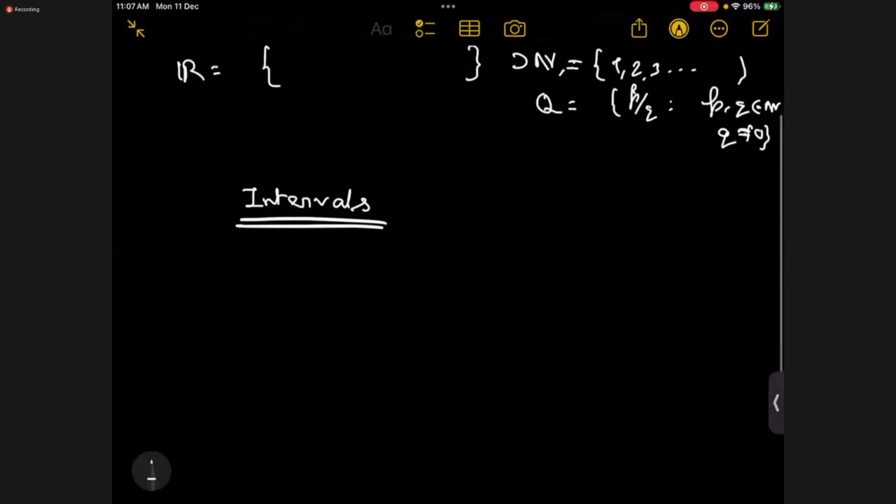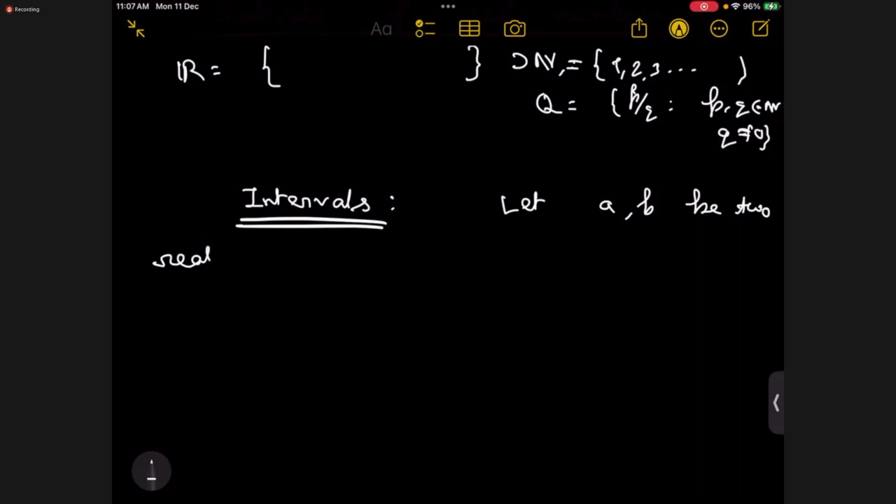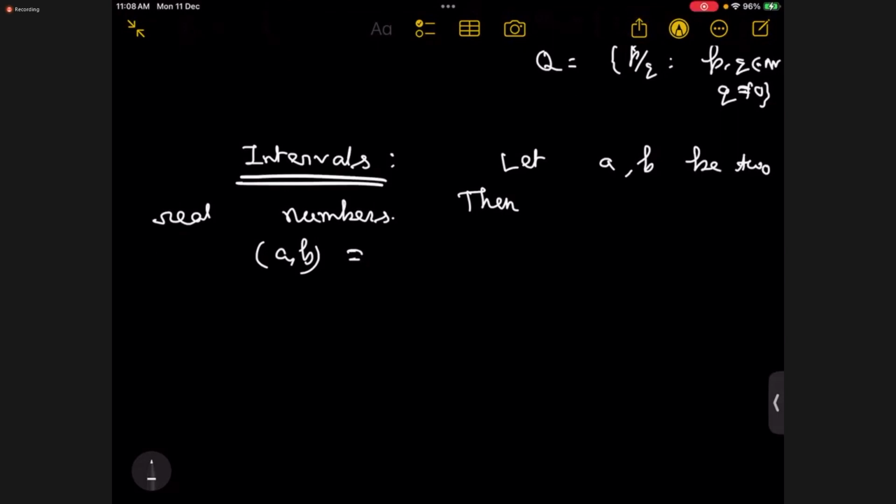Say, let a and b be two real numbers. Then the open interval (a, b) is the collection of all those elements in R such that a is less than x and x is less than b.